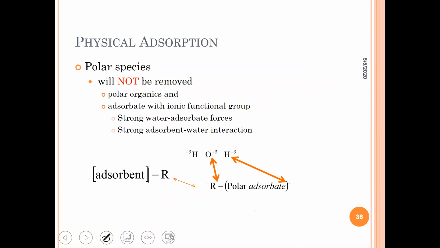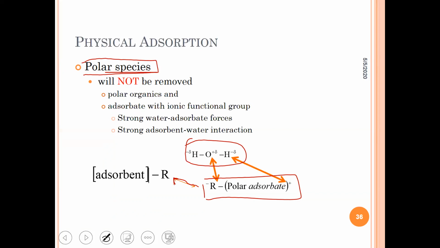Okay, see different compounds like polar species. If there is a polar species in water, which I think one of the questions was like this also, the interaction of the polar species with the adsorbent will be weaker as compared to the interaction the polar species will have with water. It will be stronger.